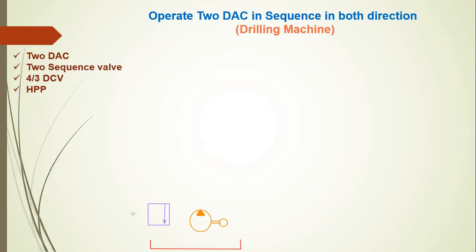Give one spring on one side for operating, and give one arrow to show it is a variable type pressure relief valve, and one bypass line.